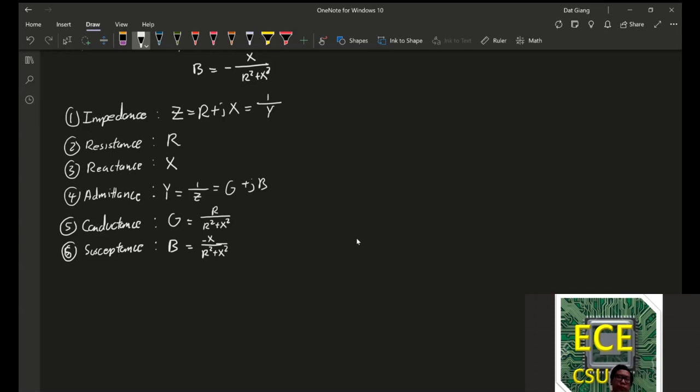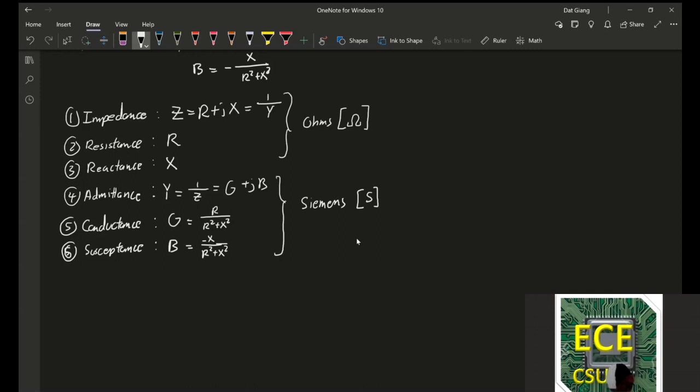Now, the units for admittance, conductance, and susceptance is Siemens, or the unit capital S. The units for impedance is ohms, or omega. And those are the 6 important impedance and admittance quantities.